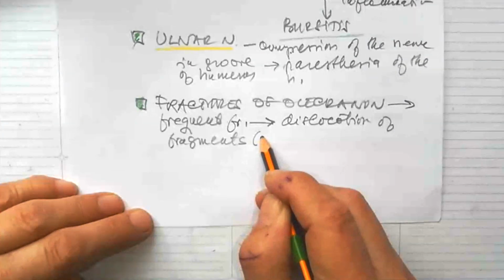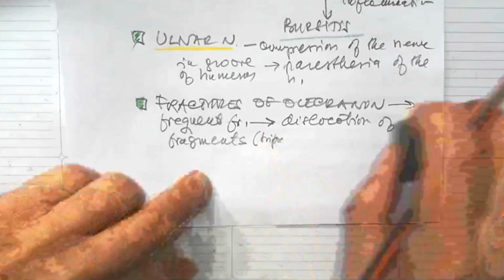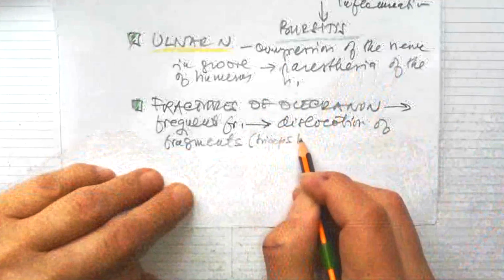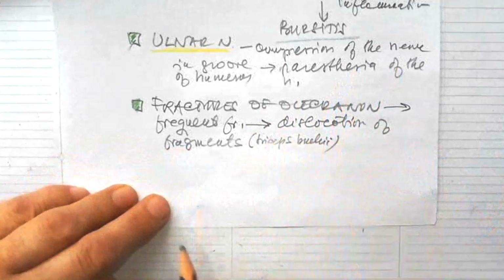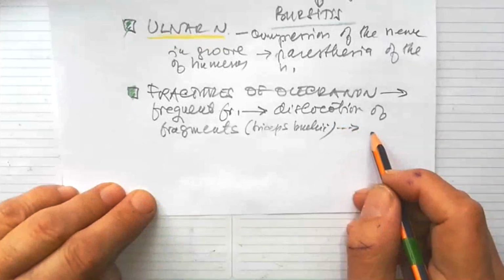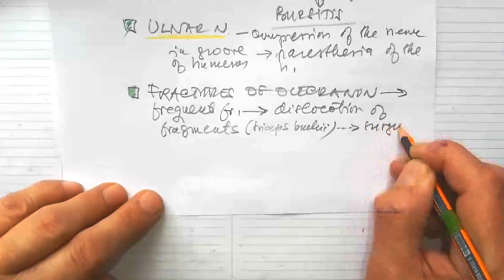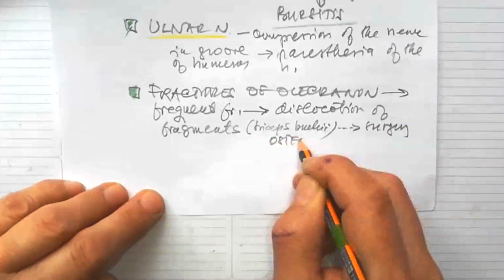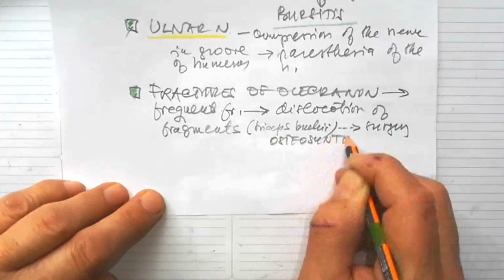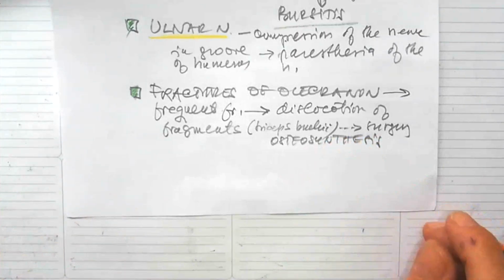Dislocation because of the triceps brachii. And the only way is a surgical approach. We call it osteosynthesis. That's it.